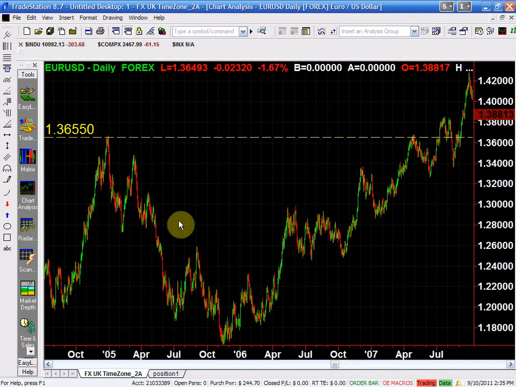Okay, now you can see, guys, what the 136.55 is doing, or around the 136. It goes all the way back to the high of 2004. It was also the high of April 2007.